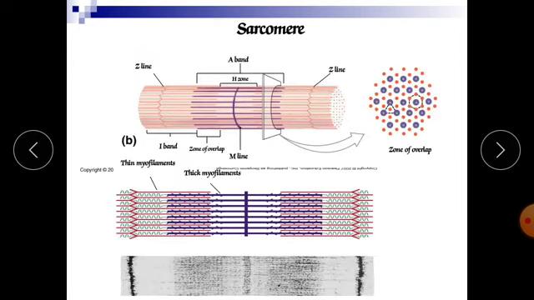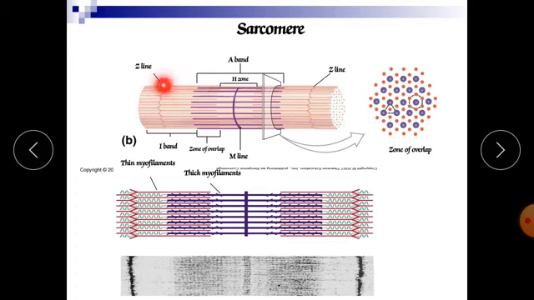Now here the sarcomere. In the sarcomere various zones and bands are available. In this band, if you see, this is the thin filament and this is the thick filament. In that filament, we can see here how the various zones are available and how they overlap.